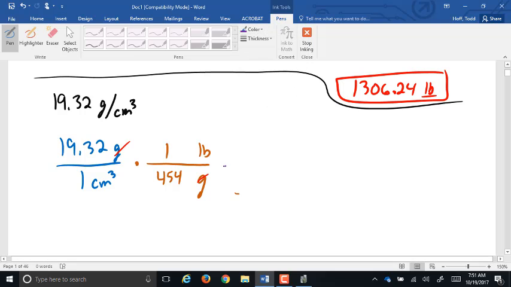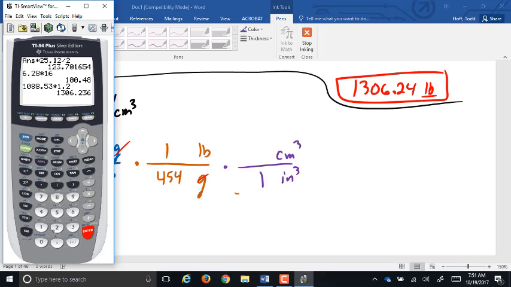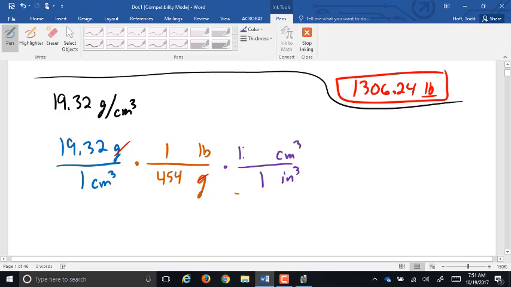Next, we need to change the centimeters cubed to inches cubed. Now, 1 inch is 2.54 centimeters. 1 cubic inch is going to be 2.54 cubed, or 16.387.